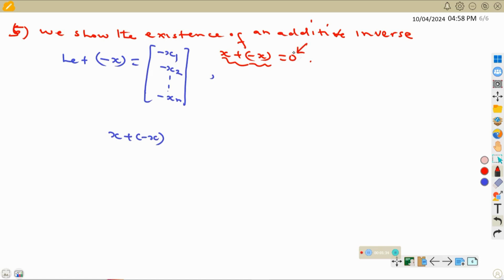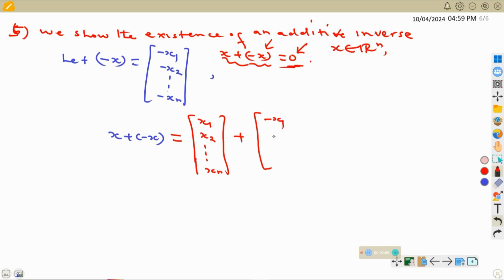So you will only be able to get a 0 if this value here is a negative of this. So that's why we have first written negative of x to be this. And we want to show that this one is true. So we have x plus negative x is the same as our x, which is x1, x2 up to xn. So here we are considering our x, which is picked from R to power n. So we shall add there negative of x1, negative of x2 up to negative of xn.